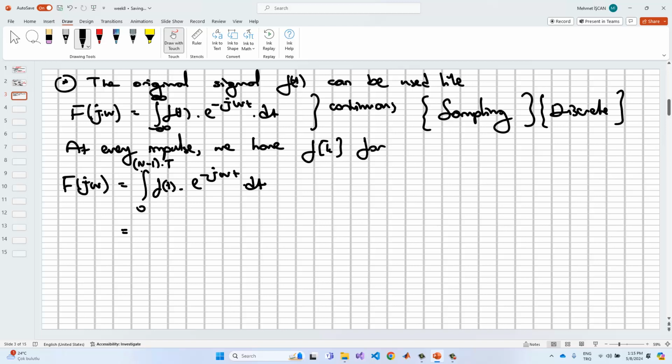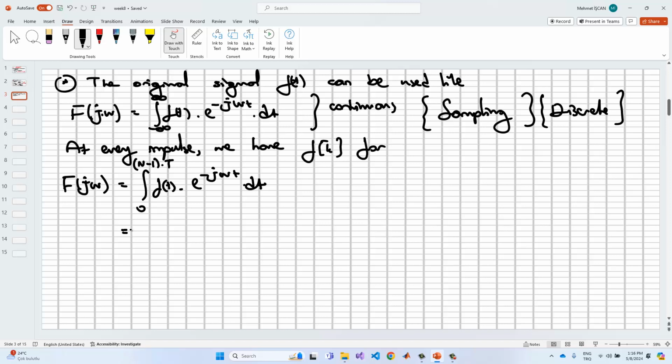Just remember that if we apply to any system or any transfer function, any S domain or Laplace domain function, the impulse, or in correct terms, the Dirac delta function, then we get the instant value of this signal.